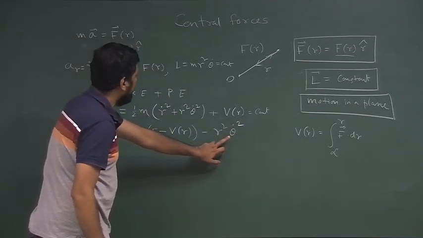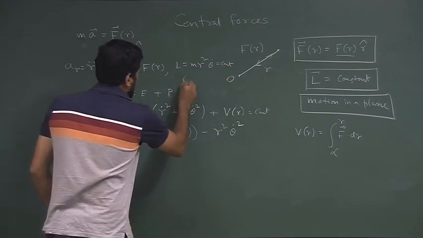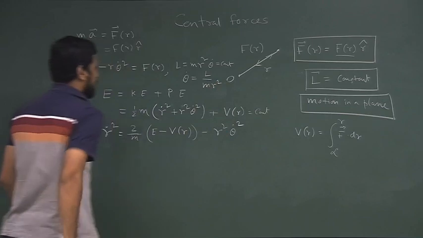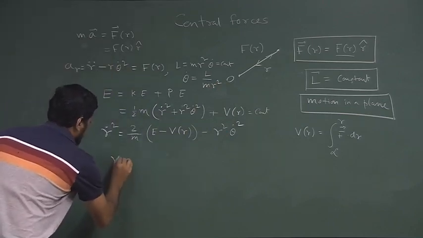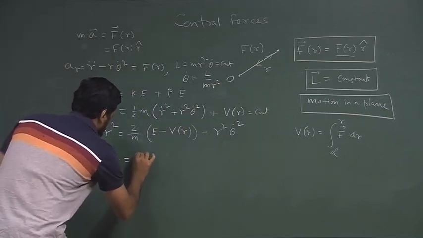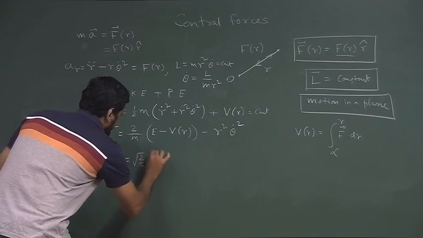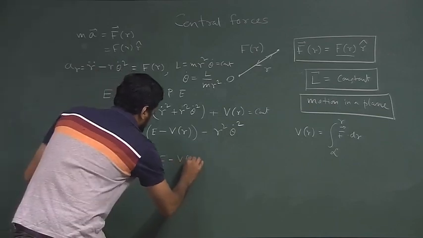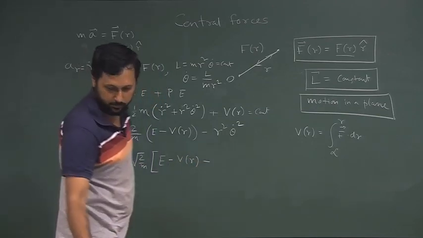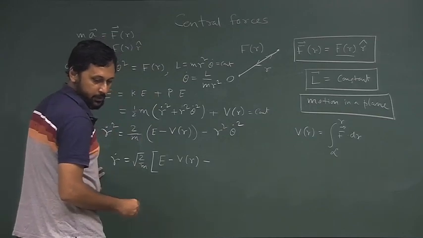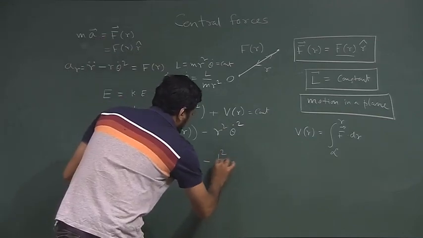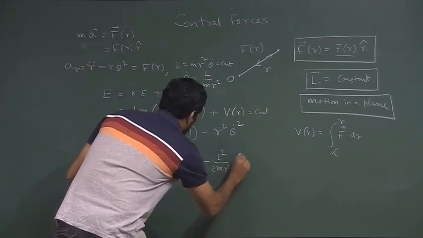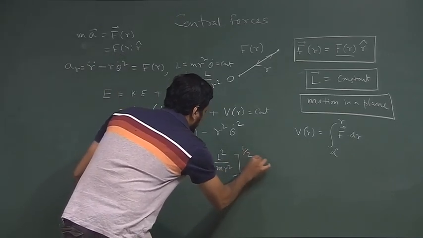If we substitute theta dot equal to L by m r square from this relation, we see that r dot is equal to root over 2 by m times E minus V of r minus, I will just give you the final form, L square by 2 m r square, whole to the power half.